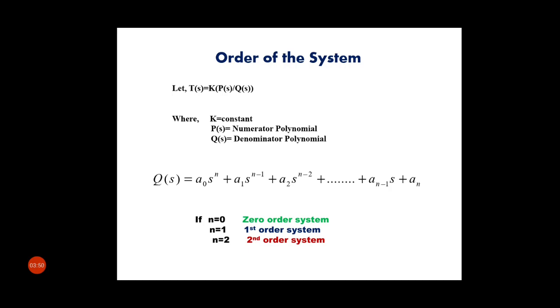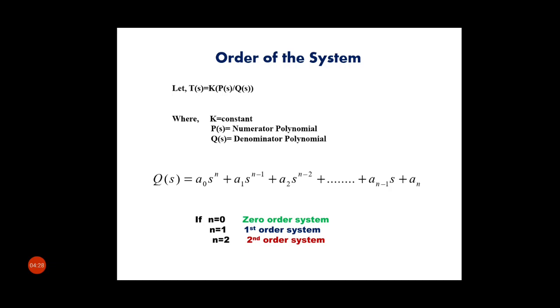The denominator polynomial Q(s) is equivalent to a0 into s to the power n plus a1 into s to the power n minus 1 plus a2 into s to the power n minus 2, and so on, and this is equal to 0. We can take this equation as a polynomial equation.